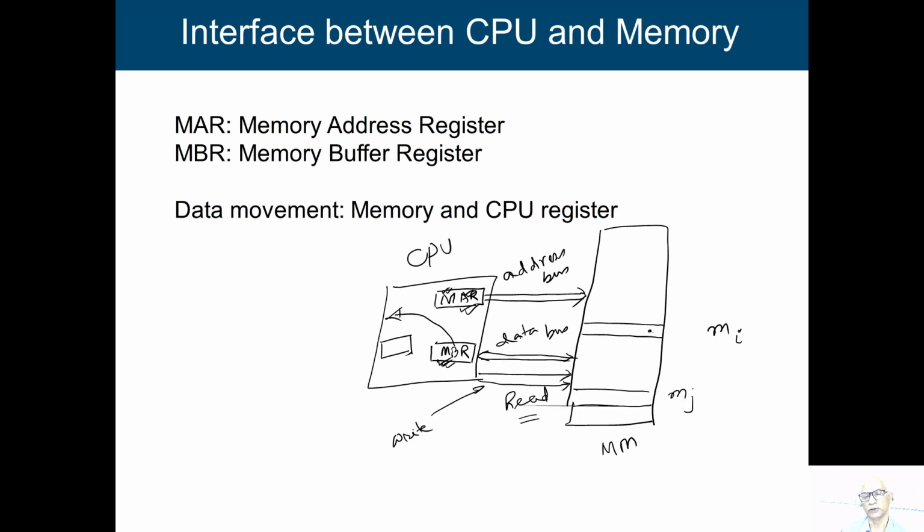So, first we put the address in the memory address register, giving the address to the memory unit. We have identified this memory location. Now the processor will generate the read signal, saying that we are going to read the information from memory. That means we are going to bring the information from memory to the processor.